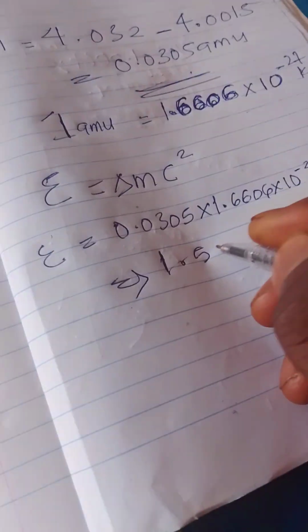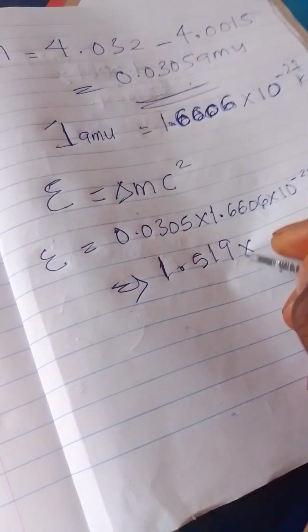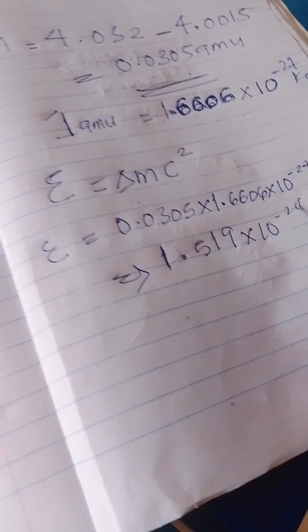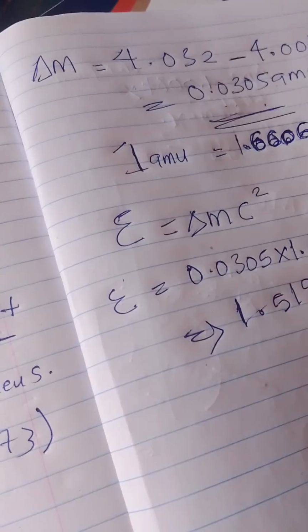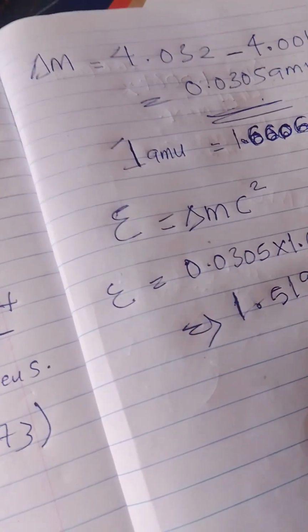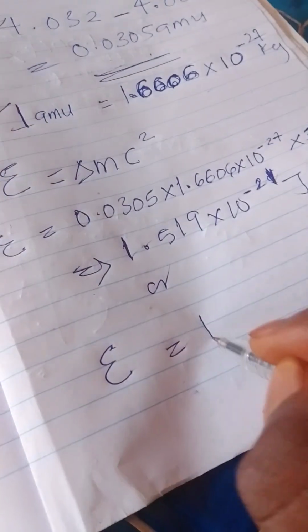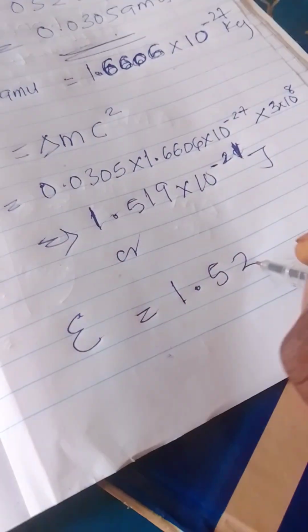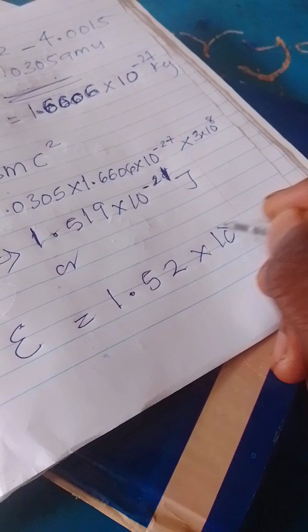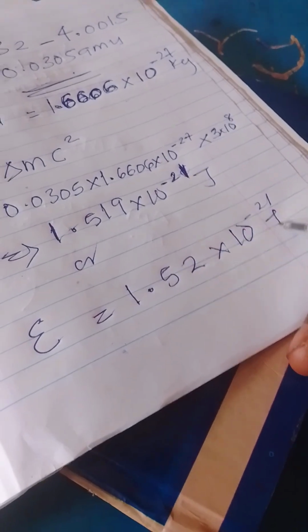So we are going to get 1.519 times 10 raised to power minus 24 joule. So E equals 1.52 times 10 raised to power minus 21 joule. So that's the final answer.